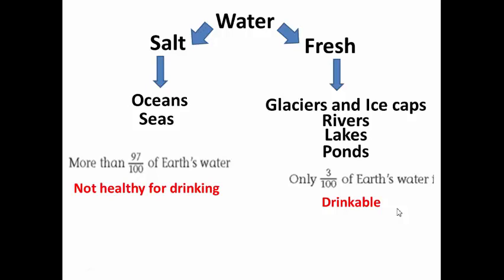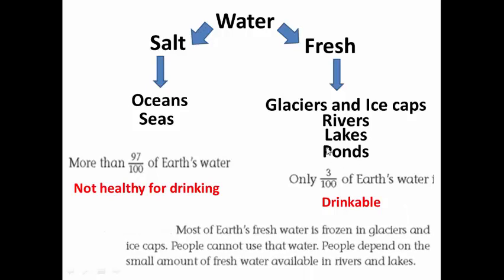Now we have important information from our science book. We have to know about the fresh water. This part is about the fresh water. We all know that most of Earth's fresh water is frozen in glaciers and ice caps.